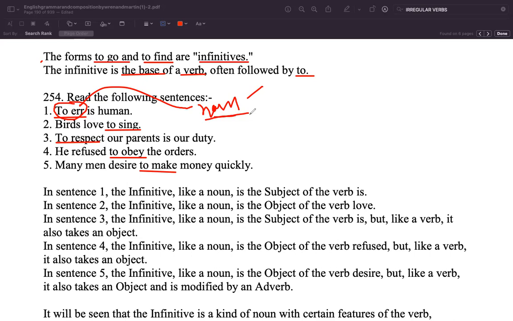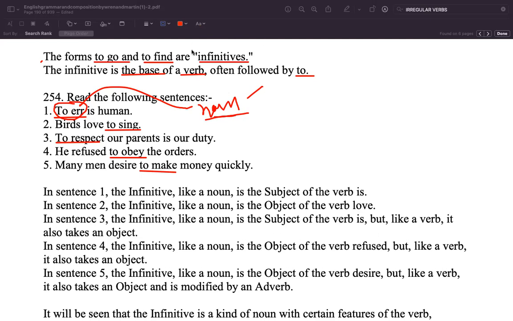Okay. Now, Pratyush, can you tell me the second number question? Birds love to sing. So here, "to sing", the answer is written. What answer is written? See, in the sentence, the infinitive like a noun is the... You tell me what you have understood.